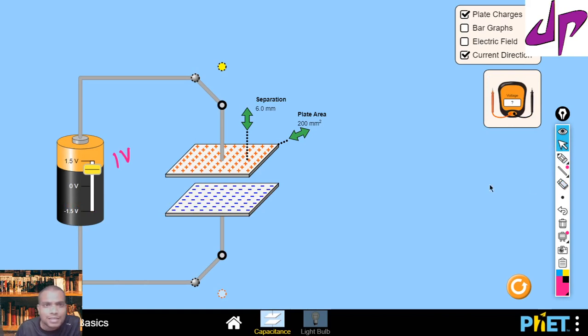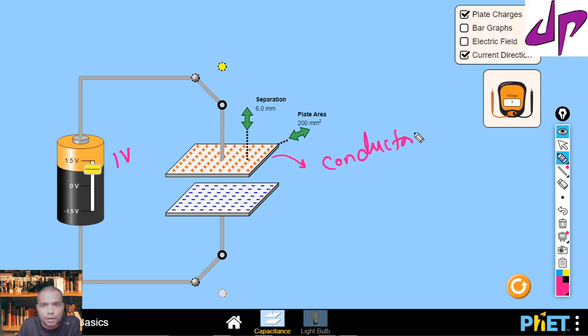Now let us think how this plate gets positive charge. Since it gets positive charge, and it is a conducting plate, a metal conductor, when a conductor becomes positive, it loses electrons.